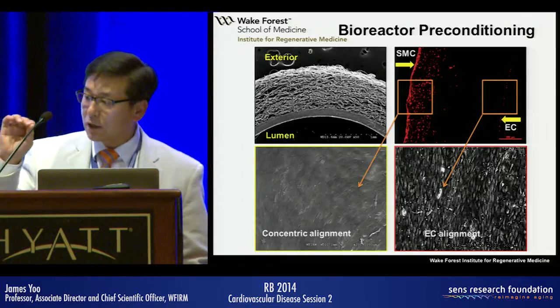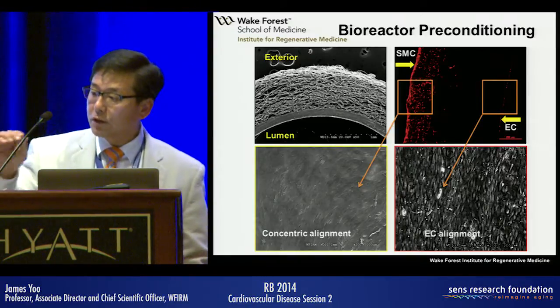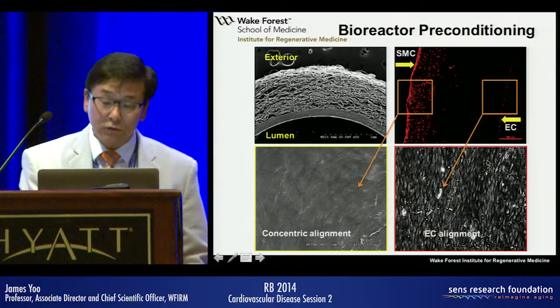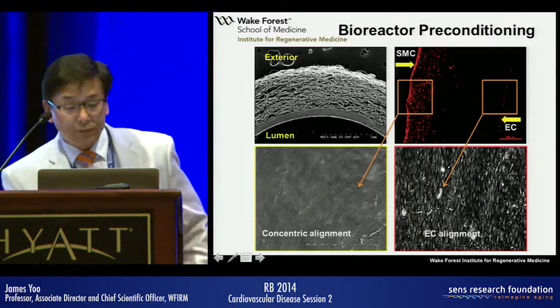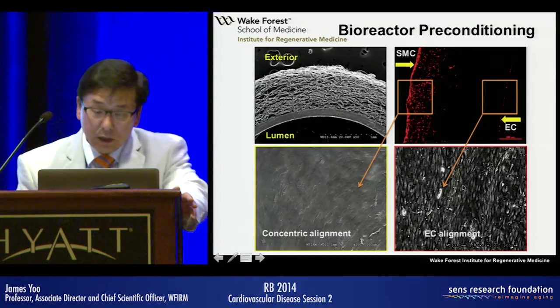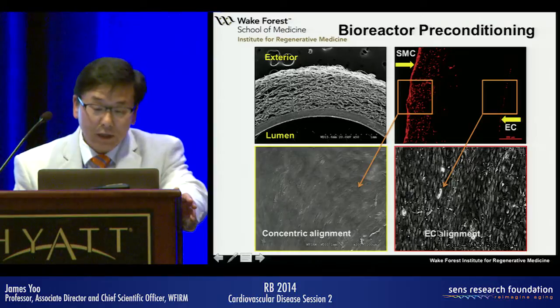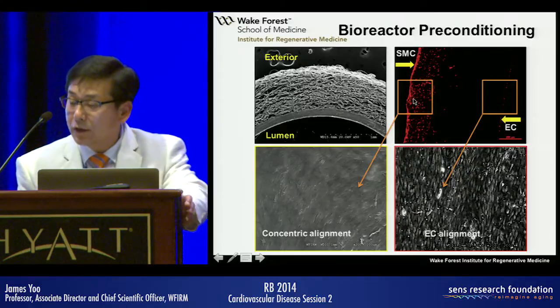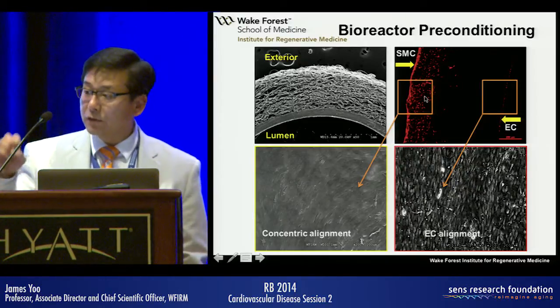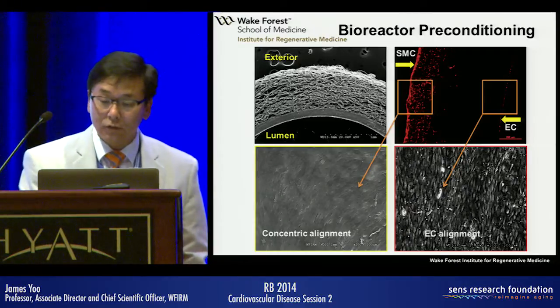Those cells are able to adjust and orient themselves into the direction of the flow. As you see here, you do see a nice monolayer of endothelial cells oriented unidirectionally. The red color is the muscle cells that have been seeded and have infiltrated within the scaffold as well.